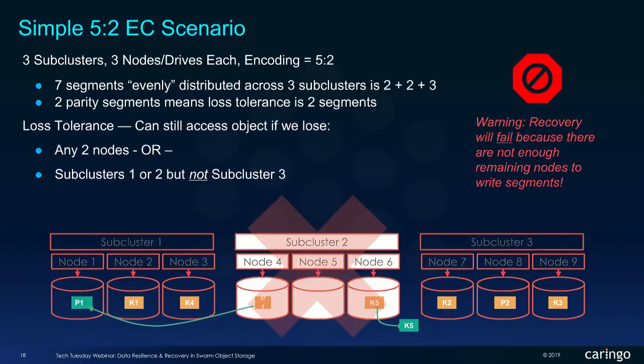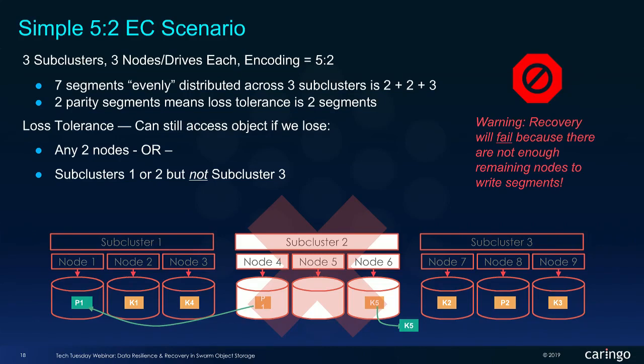Let's take a quick look at these EC scenarios, because there are a couple of extra considerations. John's already talked about the dense chassis thing, and that really plays in here. Swarm will automatically distribute segments and replicas as widely and evenly as it can to protect maximally. So it's going to try to put every one of them on a separate chassis.